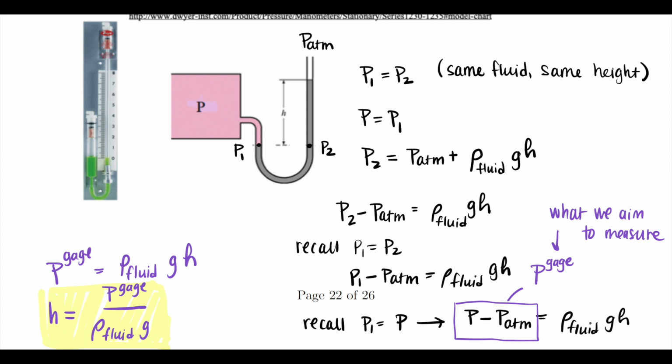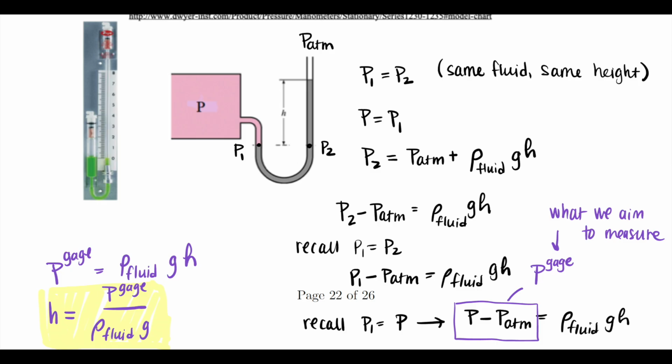So we're going to remember P1 equals P2. So we have P1 minus P atmosphere is equal to rho of our fluid, GH. And then we also know that P1 is equal to the pressure we want to measure.